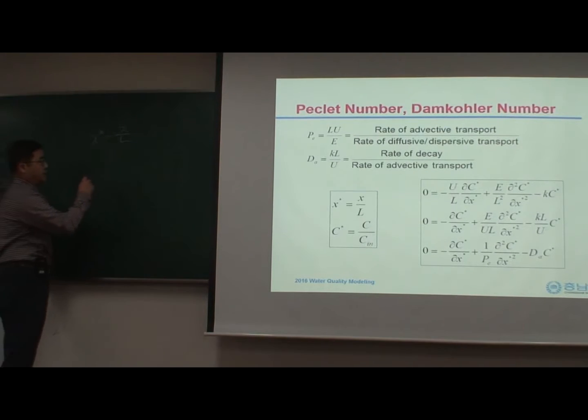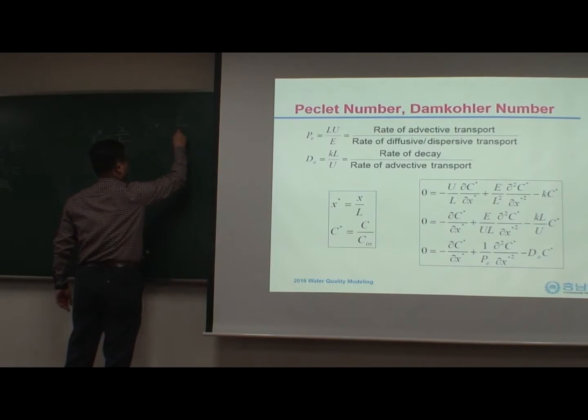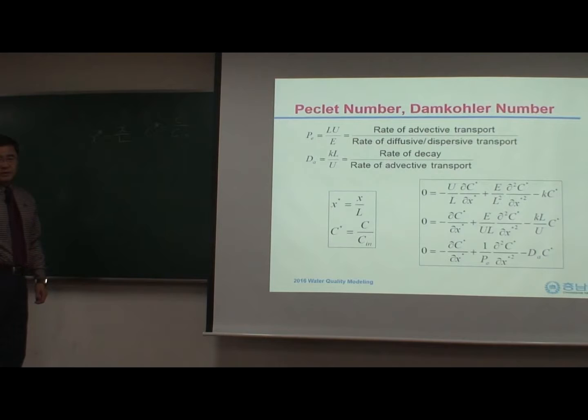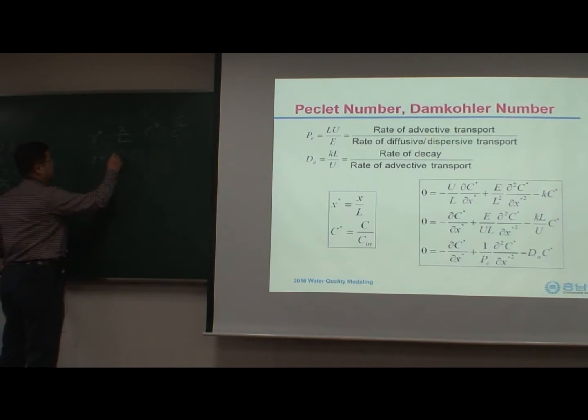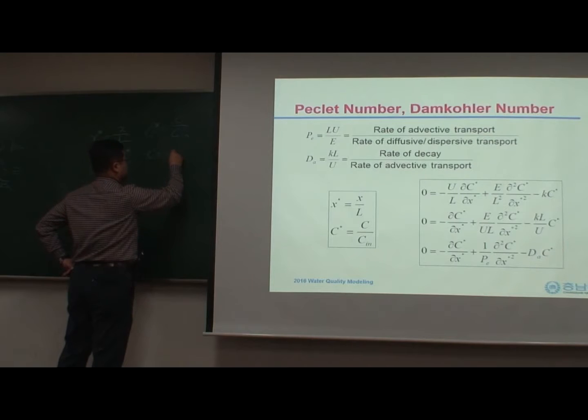And C prime is C divided by C in, the original concentration. Let's do this, and then C equals C in times C star.